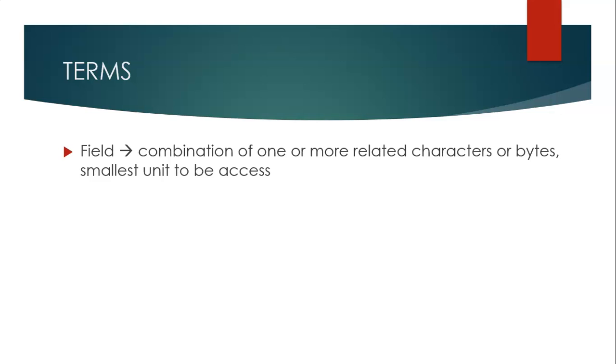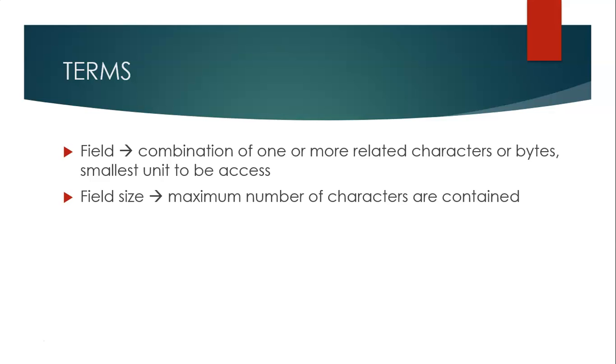So let's have a look at the usual terms that we use in a database. A field is a combination of one or more related characters or bytes, which is the smallest unit to be accessed. The field size is the maximum number of characters that can fit into that field.